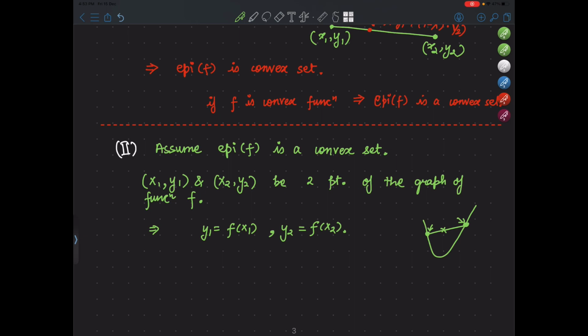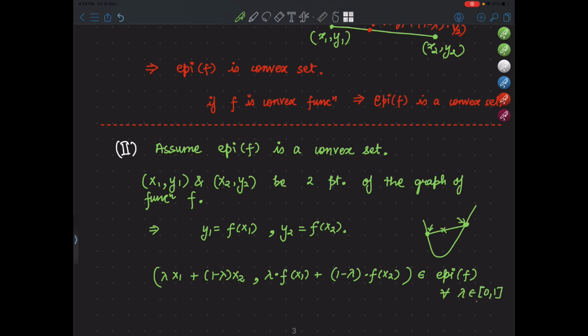So we'll write that (lambda x1 plus (1 minus lambda) x2, lambda f(x1) plus (1 minus lambda) f(x2)) belongs to the epigraph of f for all lambda belonging to 0 comma 1.